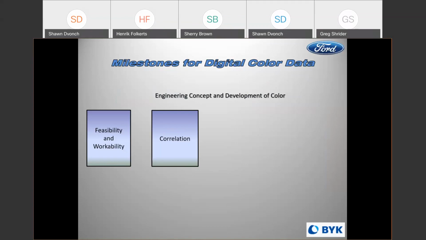What Ray and I suggest is that every time we do one of those measurements, we take a look at that digital data with visual reviews, and we get our data structure to support what we see, so we can move forward into the next phase, which would be correlation. With correlation, we look at whether we can do in the lab the same thing that we do in our plants, or vice versa, or lab to lab from a supplier.